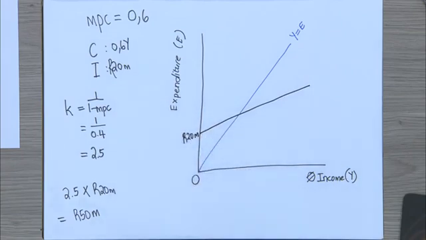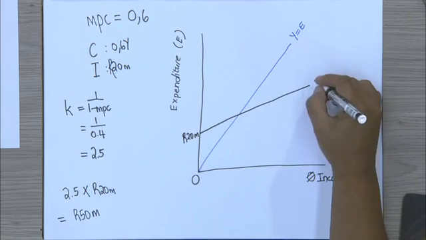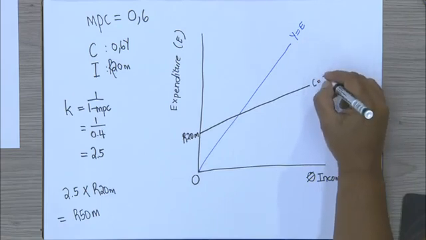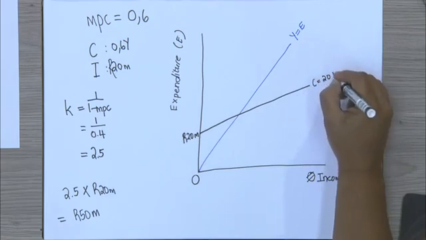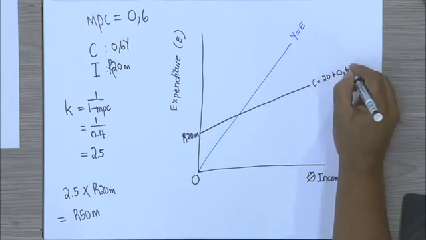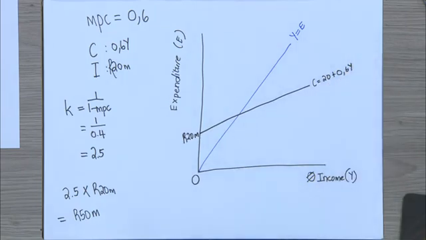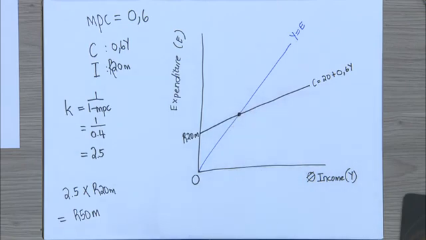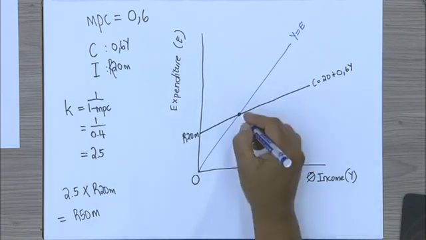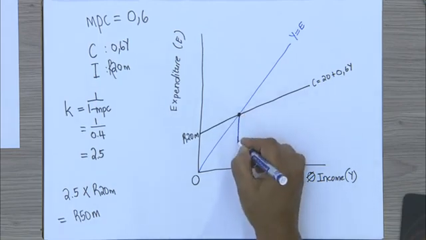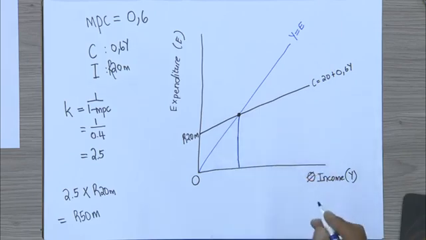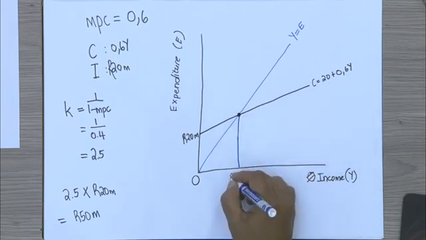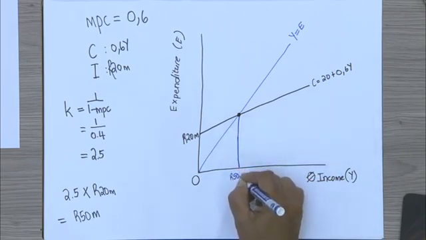Okay. So my consumption function is 20 plus 0.6Y. And where it intersects, that is my point of equilibrium. And at that point now, my total income will be the 50 million.